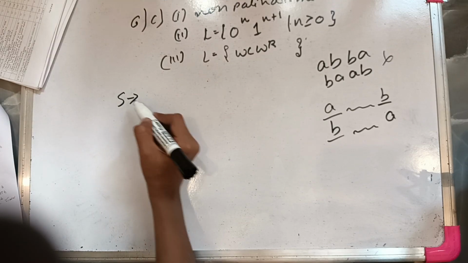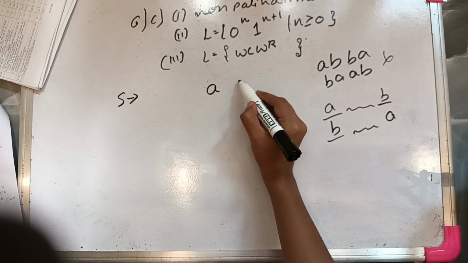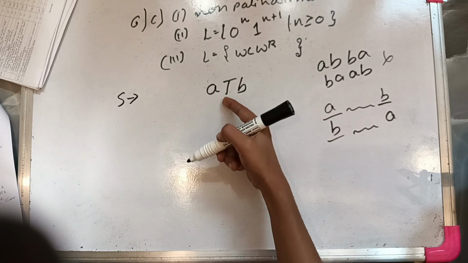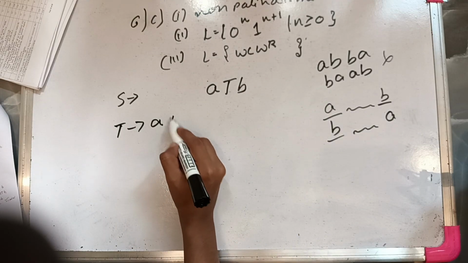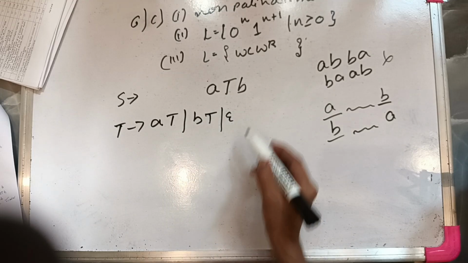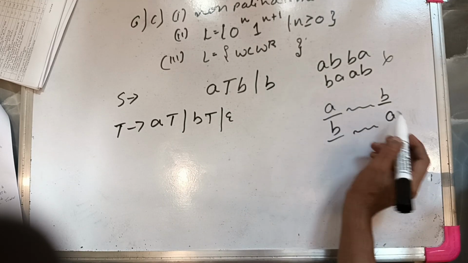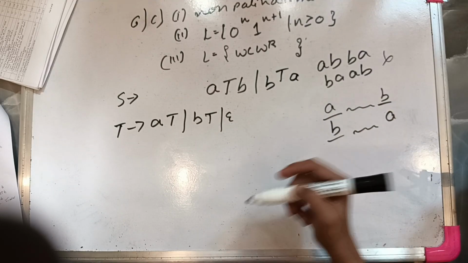First I am writing: if it starts with A then it ends with B here, and in the middle I write a variable which accepts any number of A's or any number of B's or epsilon. Okay, and if it starts with B and it should end with A, in the middle I write any number of A's and B's.